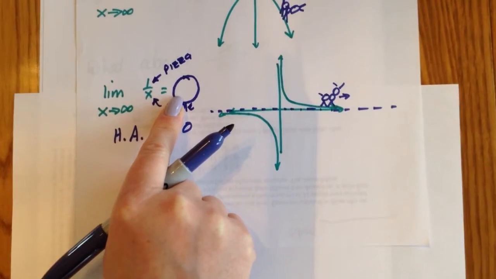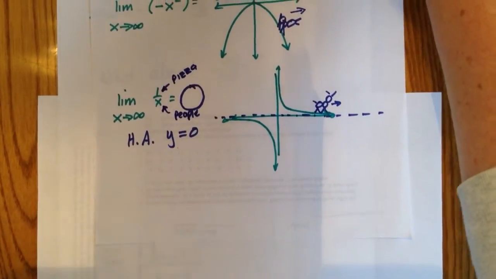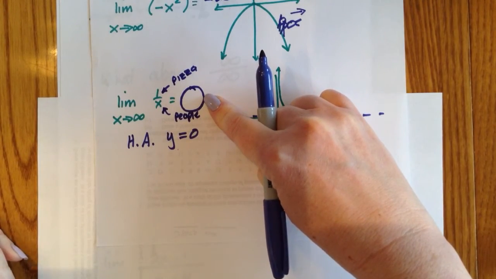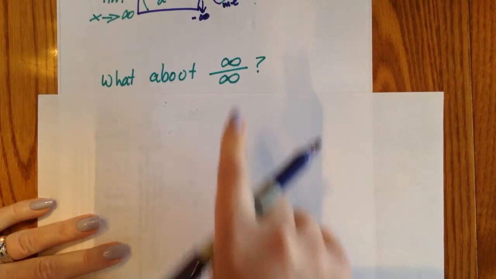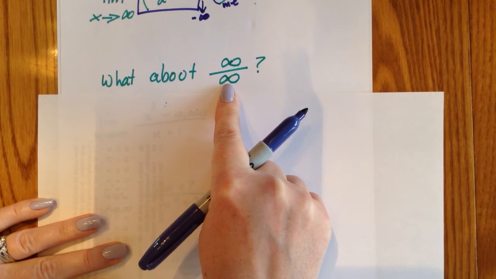Well, you pretty much get nothing. So again, pizza in the top, people in the bottom, how much do you get to eat? Nothing. All right. So we need to consider now the more complicated example of infinity over infinity.